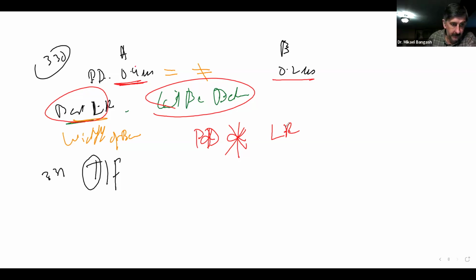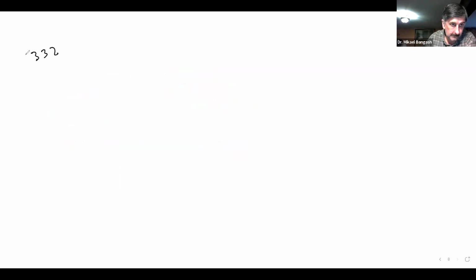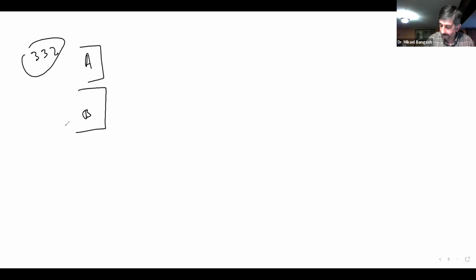Question number 332. Two ultrasound systems have a near zone length of 8 centimeters. So we can say we have two systems, A and B. Now, what do they say here? Both have a near zone length of 8 centimeters.